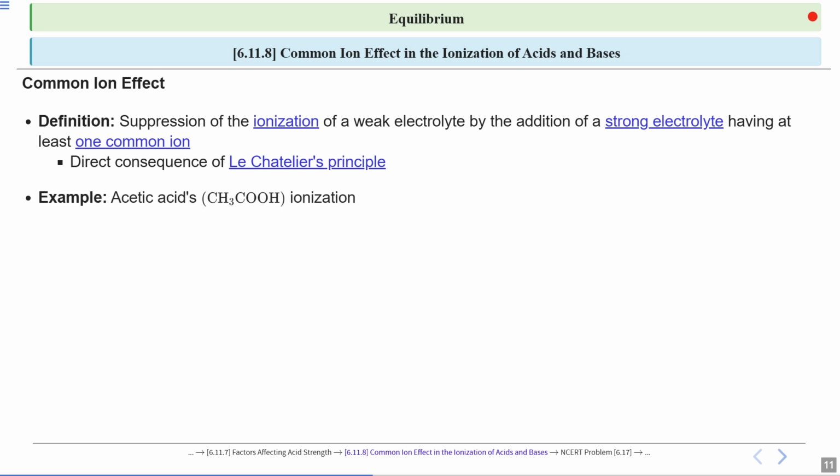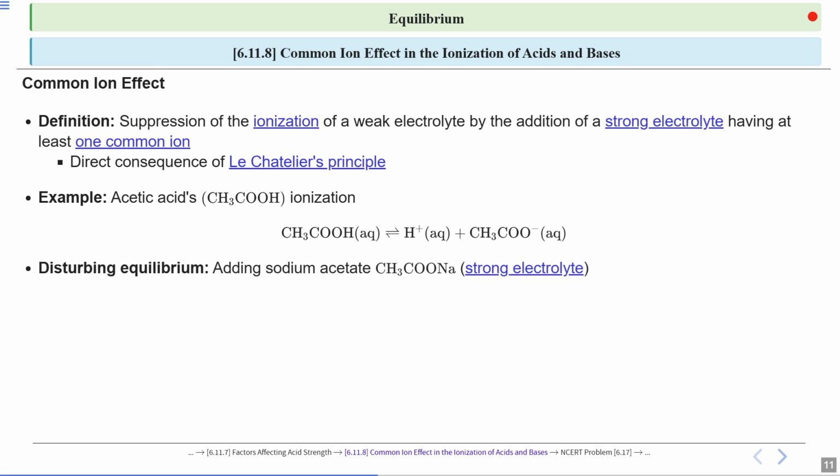Let us try to understand this with the help of an example. Here we are taking acetic acid's dissociation. It will dissociate as H plus and acetate ion. Now, suppose we disturb this equilibrium by adding acetate ion from a strong electrolyte, so here we are adding the salt of sodium. Now what will happen?